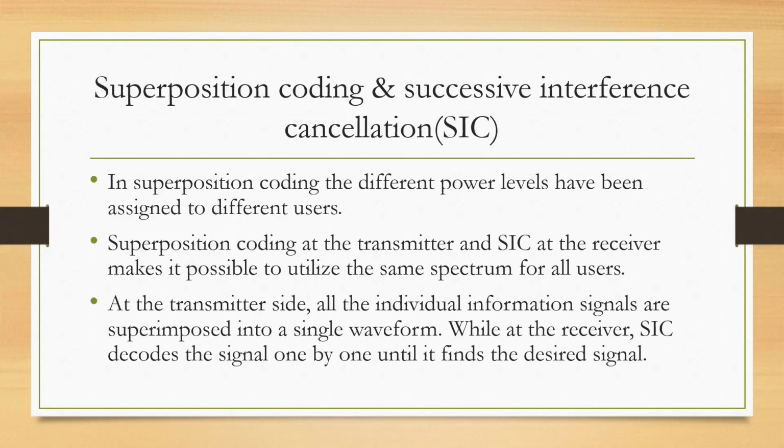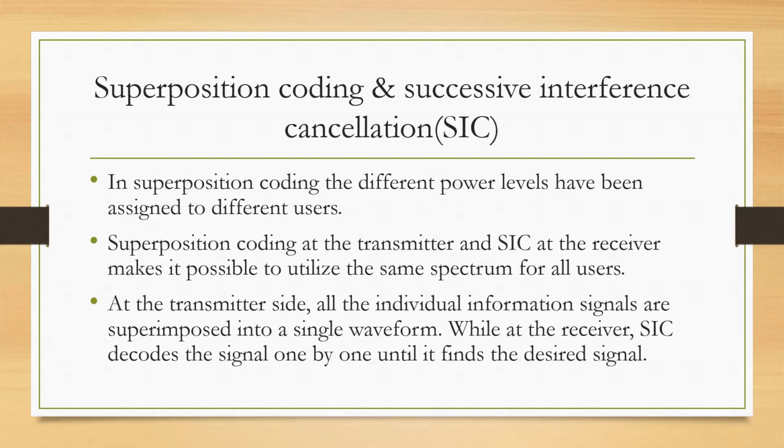Now, in superposition coding, let's suppose there are multiple users which want to transmit their signal at a particular channel. So different power levels according to their power requirements are assigned to these different users.